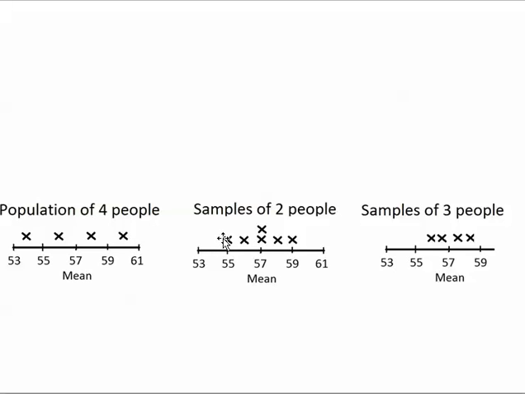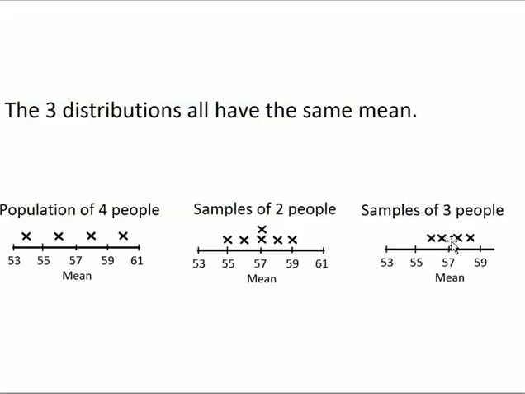The means of the samples of 2 people had less spread, and the means of the possible samples of 3 people had the least spread of all. So when we go from here to here to here, we're looking at less spread. But all 3 of them have a mean of 57 at the center, because they all have the same mean of 57.